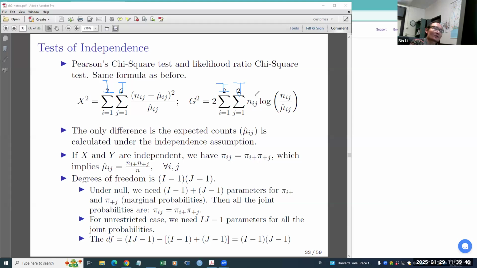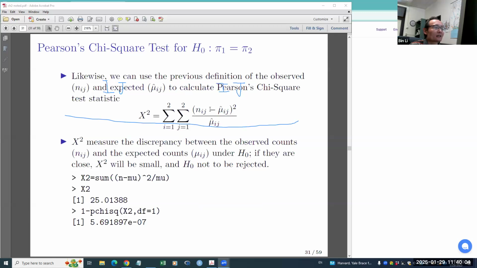So you may ask, wait, if we use the same formula, the results will be the same. So what's the difference between these and testing whether pi 1 and pi 2 are the same?